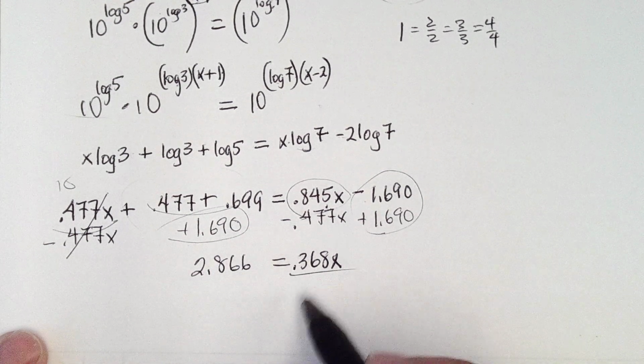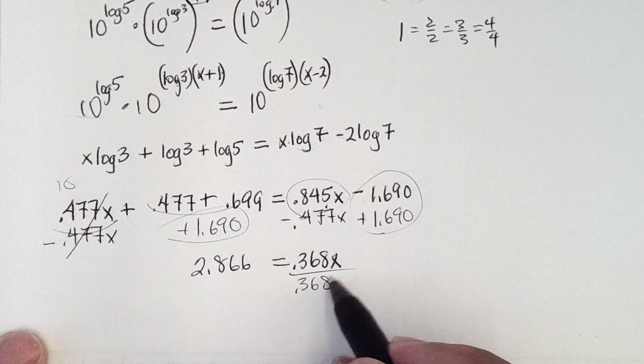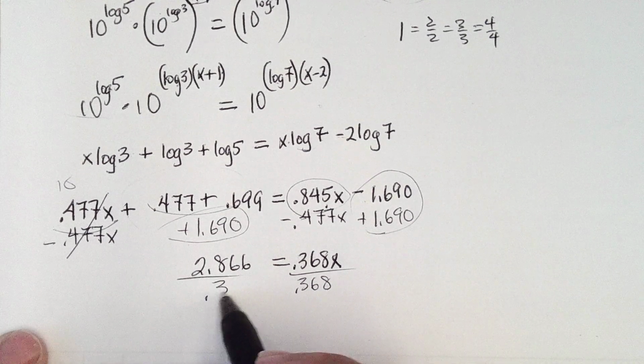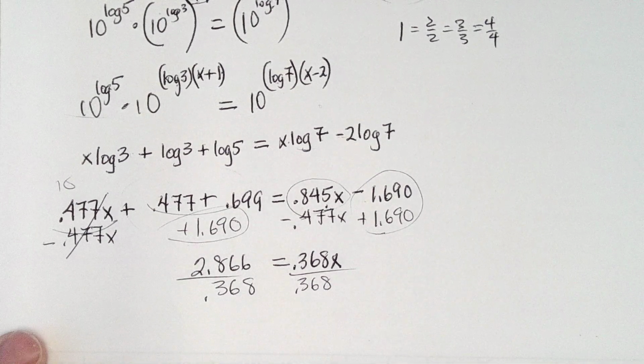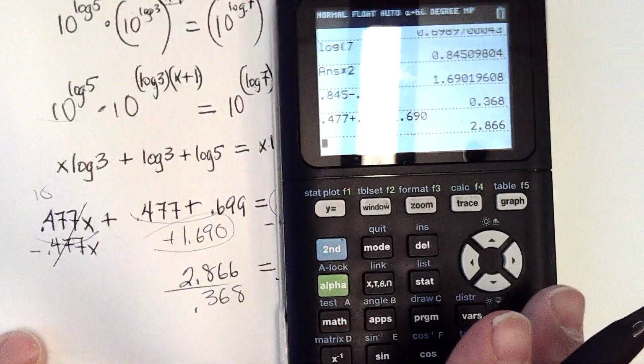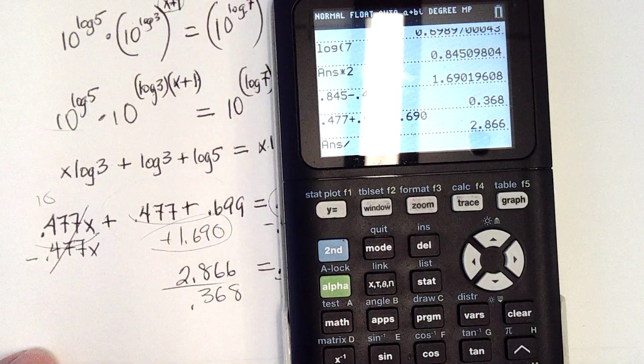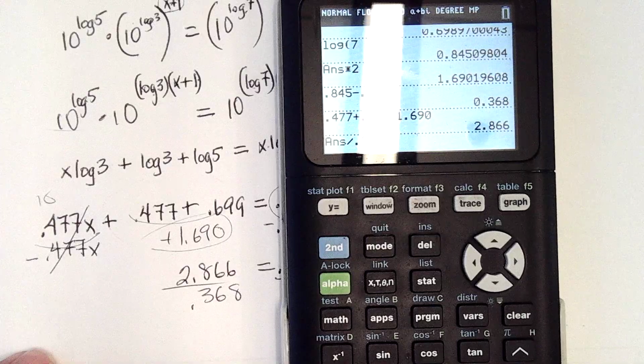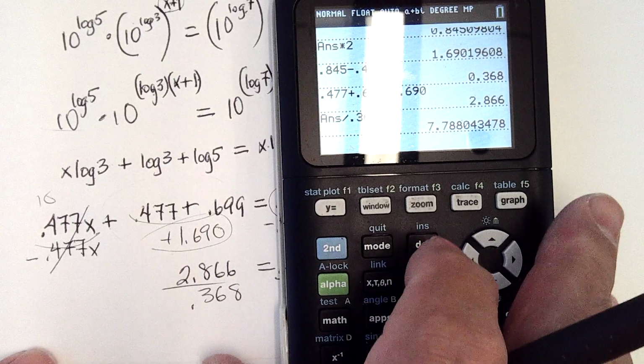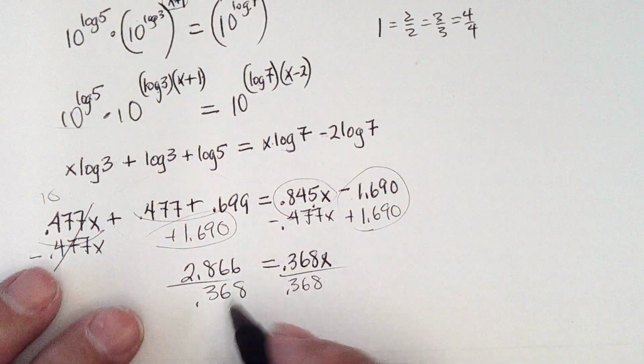And I'm going to have to divide by 0.368. And I find that x is 7.788.